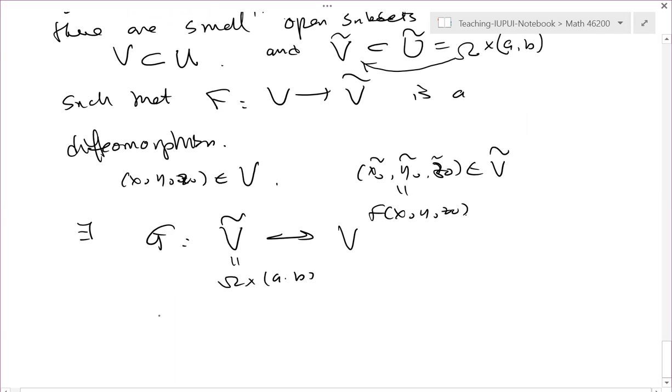G F is the identity map. So let's see what we get.